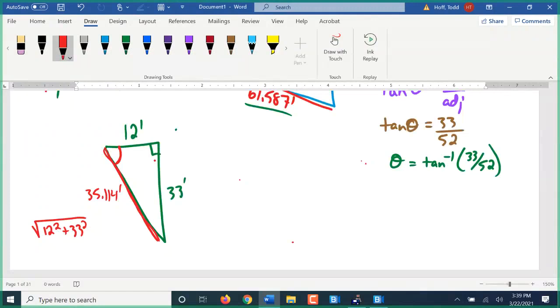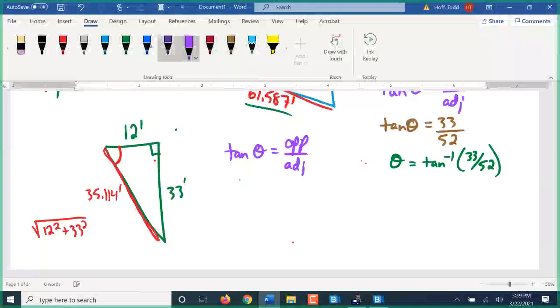The angle is going to use a tangent again. Tangent is opposite over adjacent. This side is the opposite side, and the adjacent side is 12.